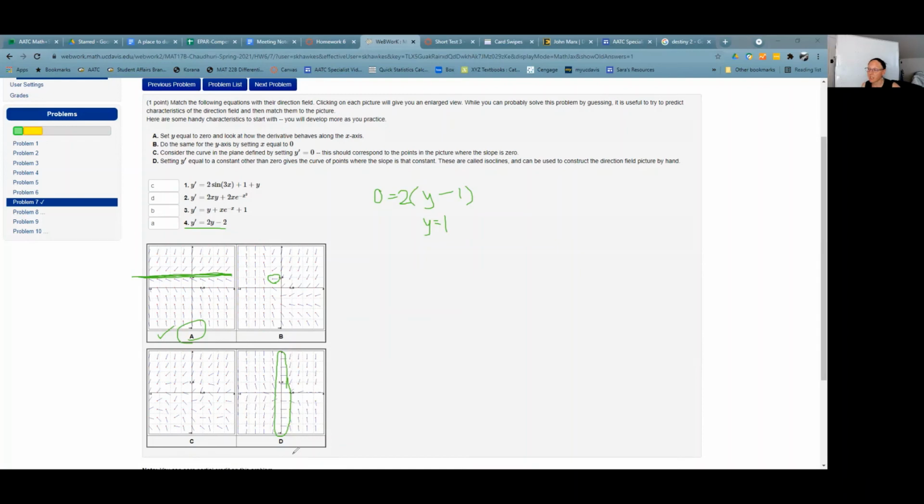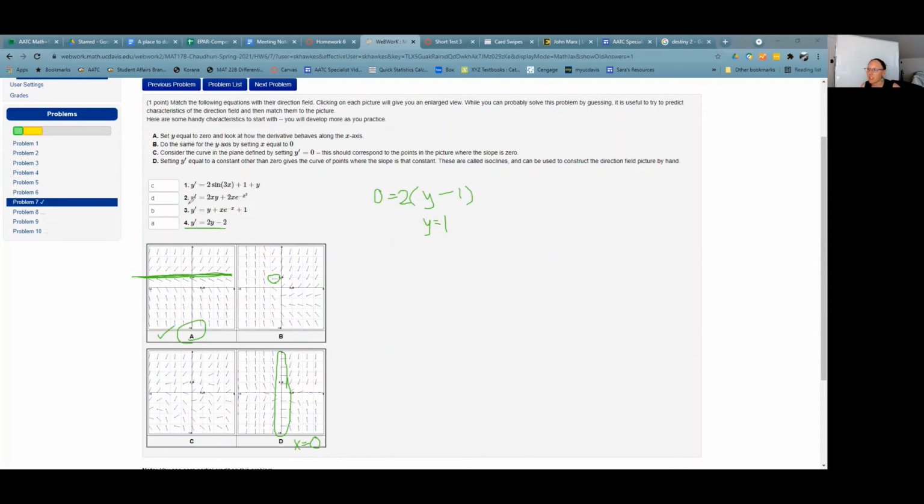For D, what I can tell here is the slopes are 0 everywhere on the y-axis. Well, the equation of the y-axis is x equals 0. So now I'm going to look at the equations and find if x was equal to 0 in any of these equations, would I get 0 for y prime?